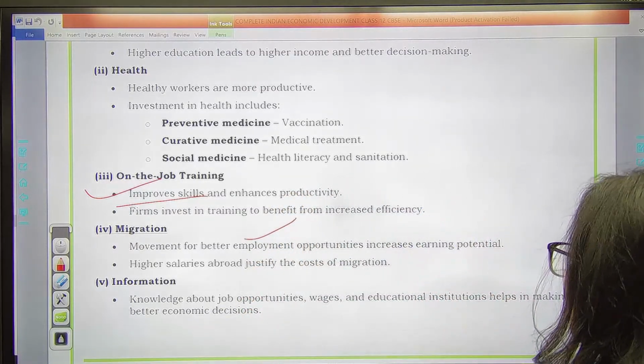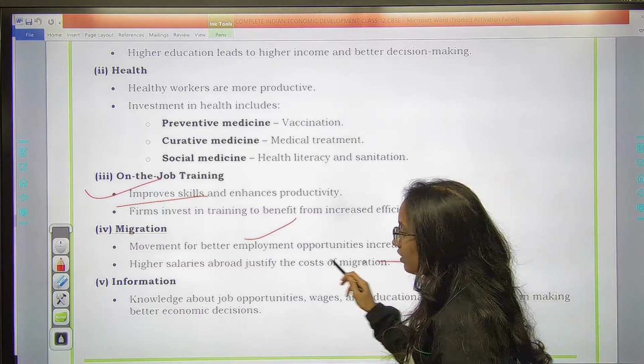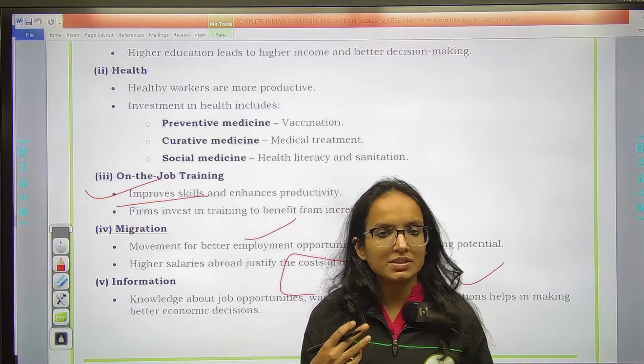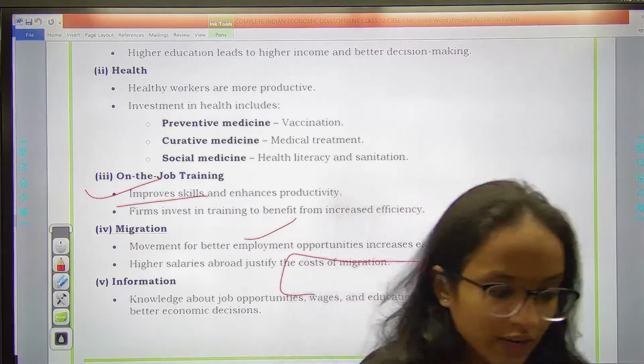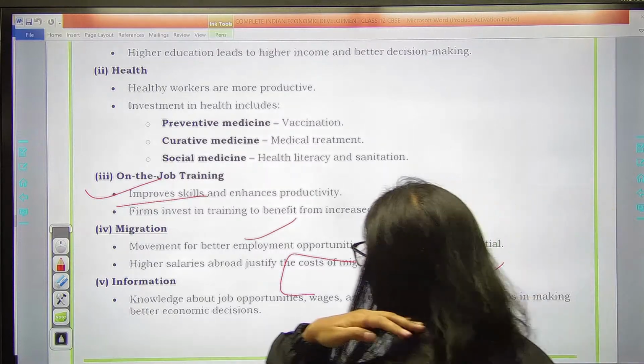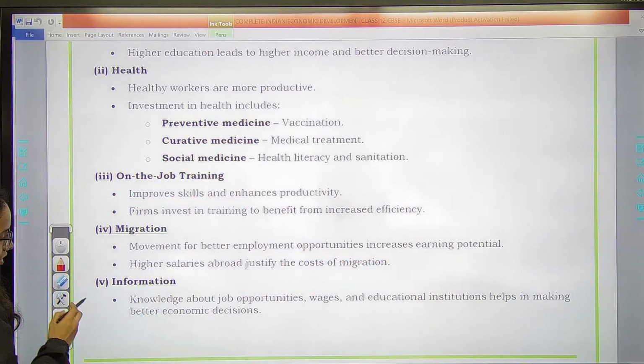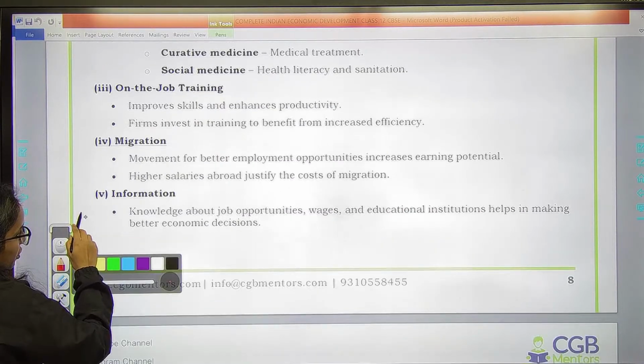Migration. What is migration? Movement of people for better opportunities, right? Wherever more salary is available, people tend to go there. Of course, this is human nature. So it also calls for migration. Migration also affects human capital. In certain regions, a lot of migrated population is there because of good job opportunities and good wage levels.